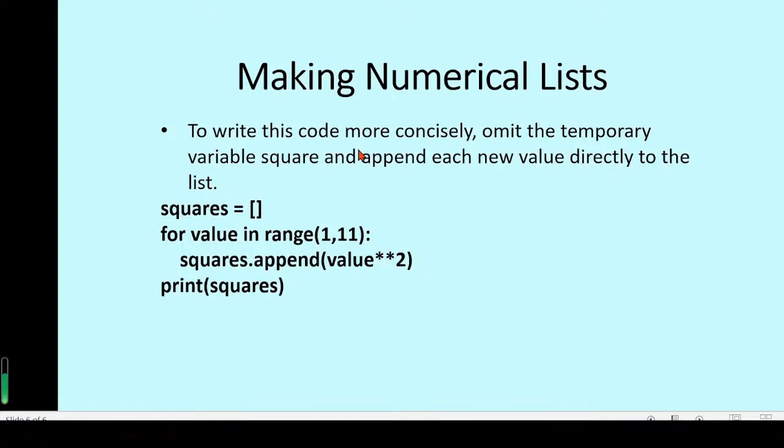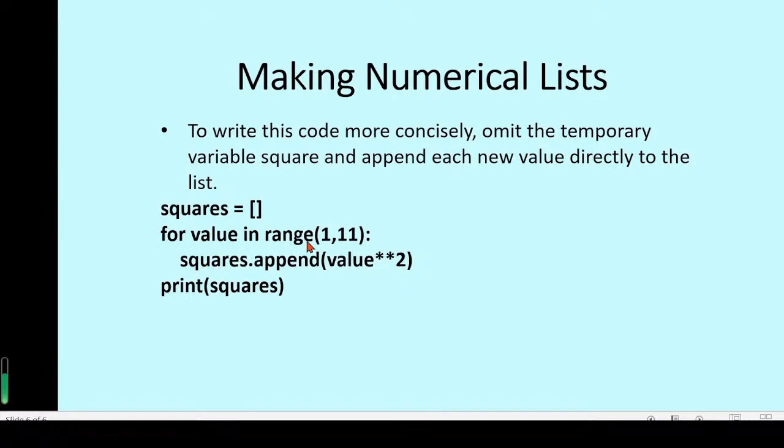To write this code more concisely, you can omit the temporary variable square and append each new value directly to the list. So we start with an empty squares list, then write a for loop with only one statement.